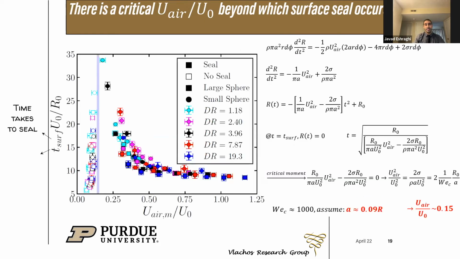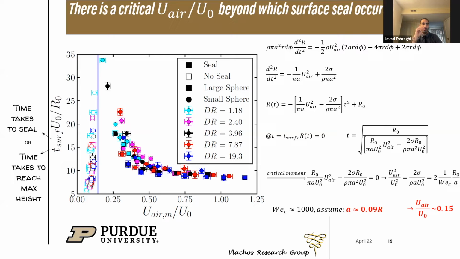So we revisited the model, and through a scaling analysis, we showed that the surface seal time, or the time that it takes for the curtain to reach its maximum height, scales with U_air over U_0. And we could find a critical U_air over U_0 beyond which the surface closure occurs.